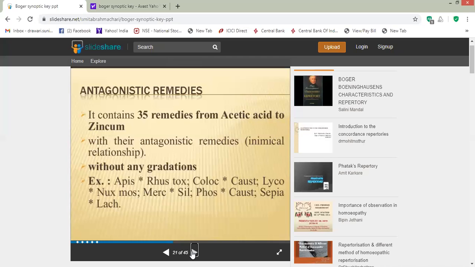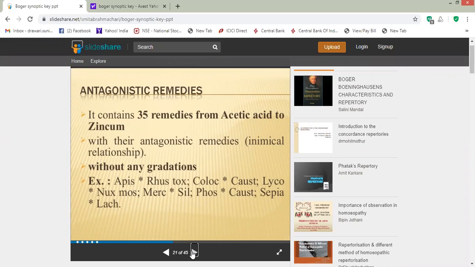What are antagonistic remedies? Antagonistic remedies means the substances or remedies which act against and block the action of other remedies. So there are about 35 remedies in the list of antagonistic remedies.